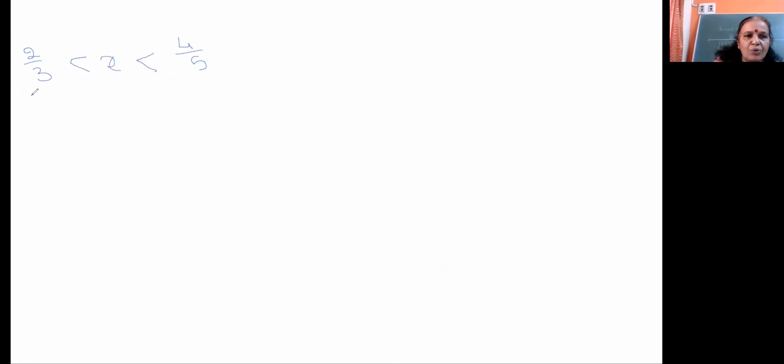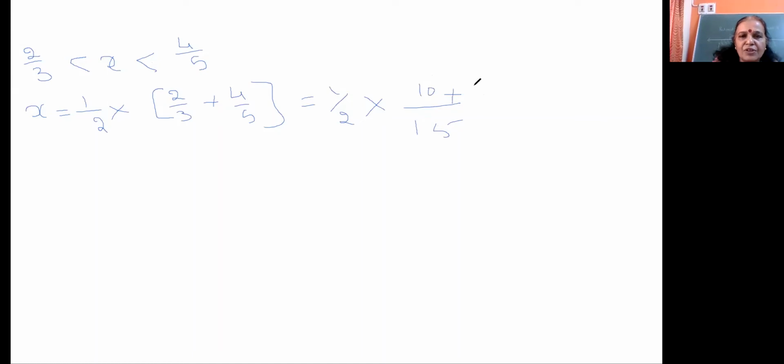Now add both the rational numbers and divide it by 2. Therefore x is equal to half into 2 by 3 plus 4 by 5. That is half into LCM is 15, 5 2s are 10, and 3 4s are 12.